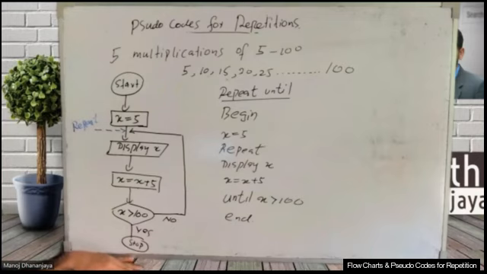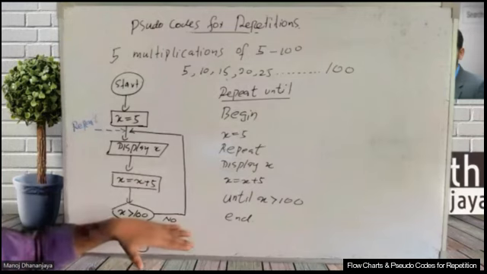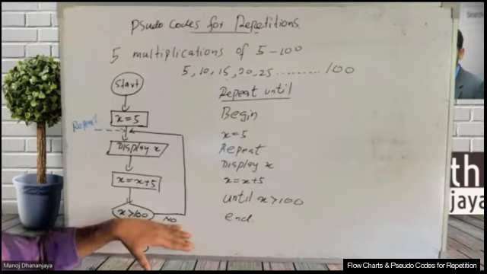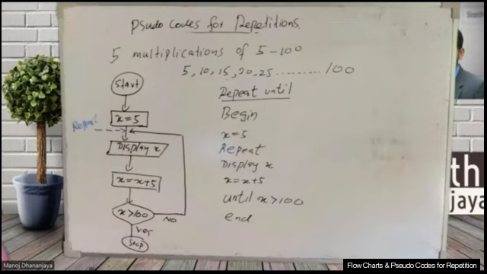That's all. This way we can write the pseudocode if the answer is no for the condition and it is repeated. We call it repeat until. Now complete this task.